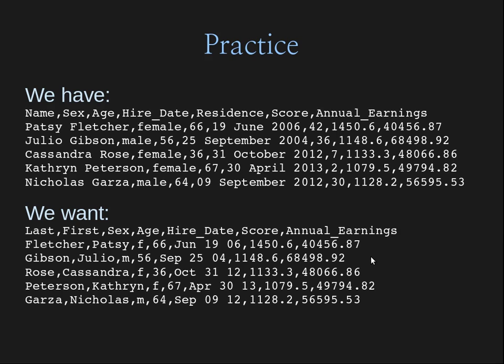Okay, so another practice. So we have this, we want to return this. Oh, here's a good one. Sex. Here we have female, male, female, male, female, male. And we want to return just F or M because that is tighter.